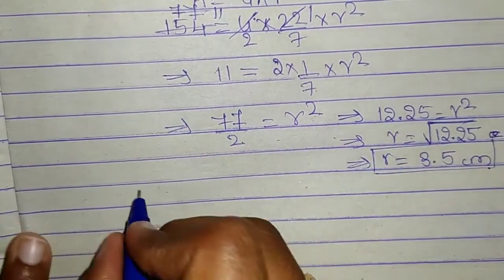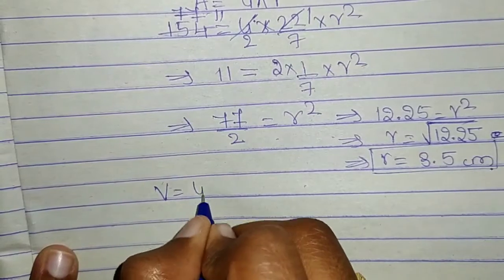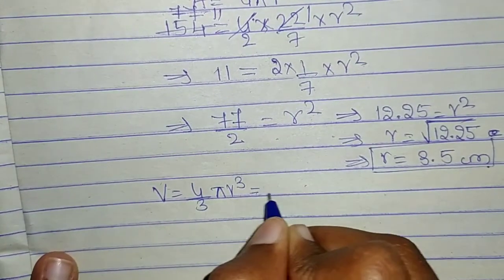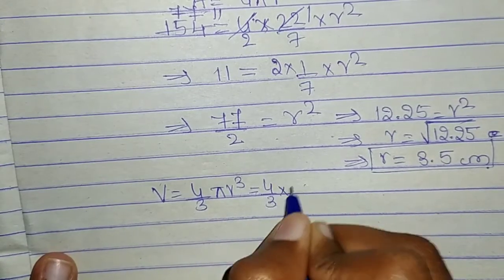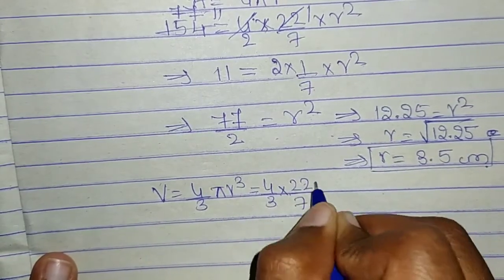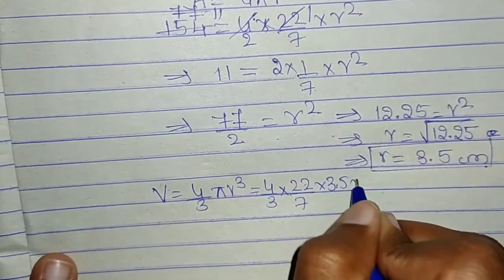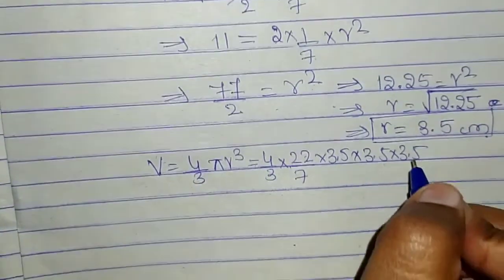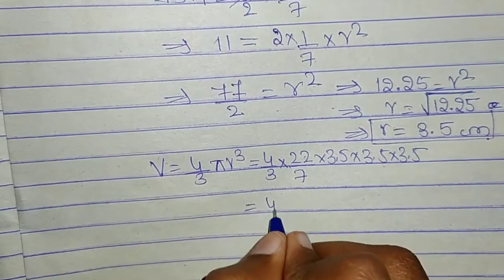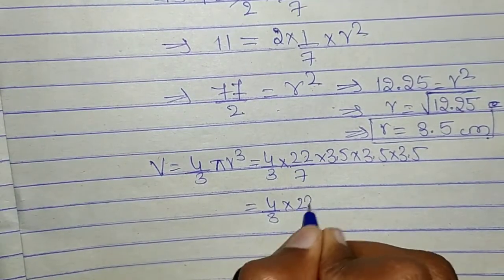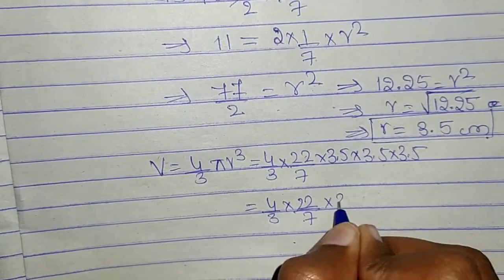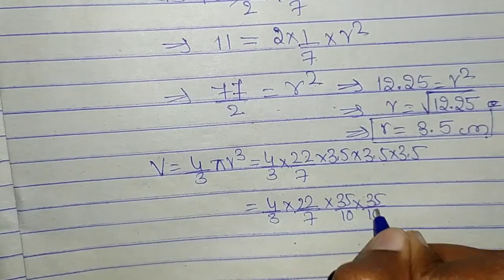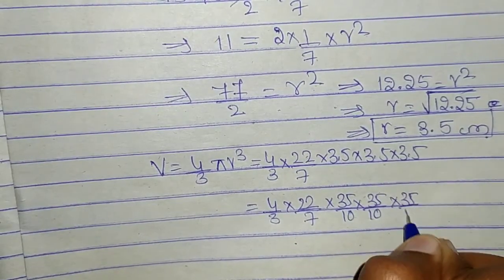So now the volume, we know the volume is 4 by 3 pi r cube, which will be equal to 4 by 3 into 22 by 7 into 3.5 into 3.5 into 3.5. So converting them into fractions, 4 by 3 into 22 by 7 into 35 by 10 into 35 by 10 into 35 by 10.